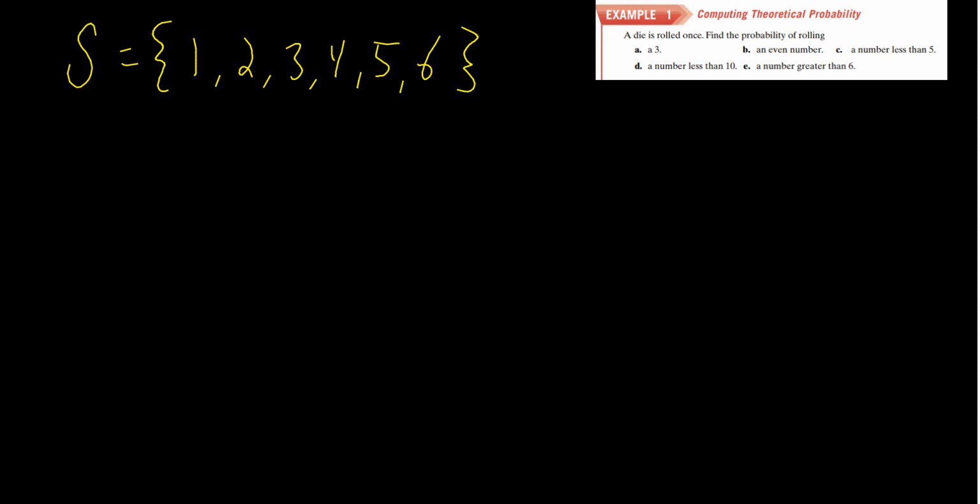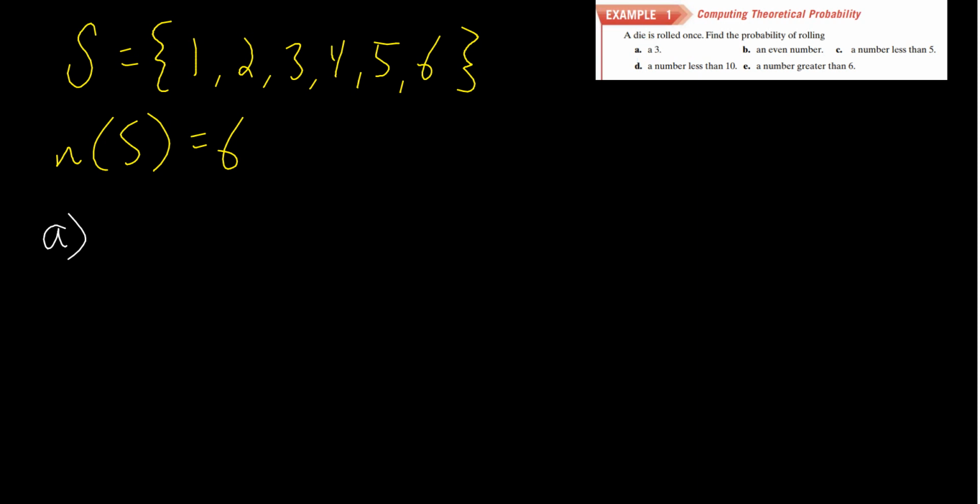Okay, well, with that said, we know that we have 6 total outcomes. So the number of outcomes here is just going to be equal to 6. Again, that's kind of redundant, but we're going to write it anyways, and then we can proceed with this problem.